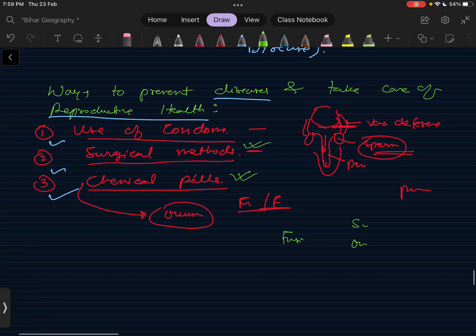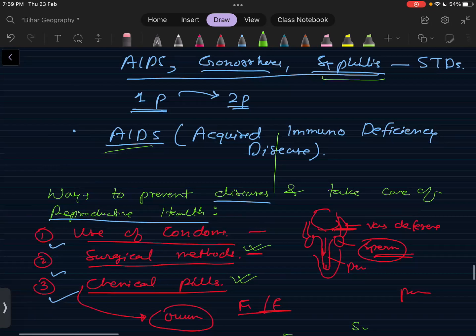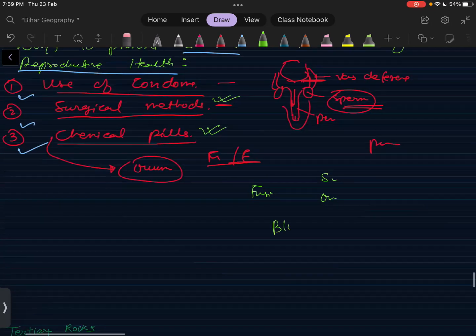Look, if a person is suffering from AIDS, syphilis or gonorrhea, it's highly likely that his blood and his sperm or her ovum will be infected with the virus. So if we stop the contact of the two, the fusion of the two, we will be able to prevent the blood of the healthy person from getting infected.